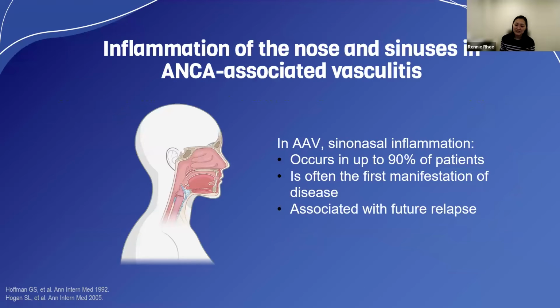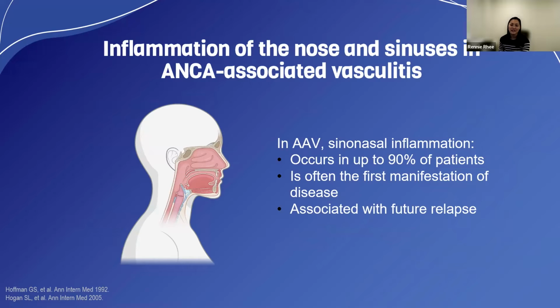And for many years, people have been interested in nasal bacteria and ANCA-associated vasculitis. The interest in the nasal cavity comes out of the clinical observation that there's a lot of inflammation in the nose and sinuses in patients with ANCA-associated vasculitis. So many of you are probably familiar with ANCA-associated vasculitis.